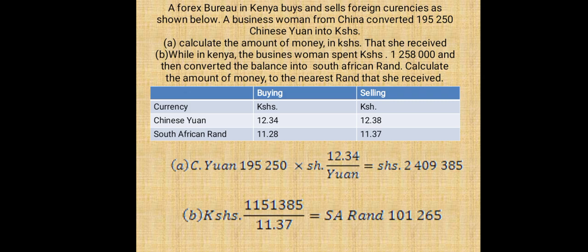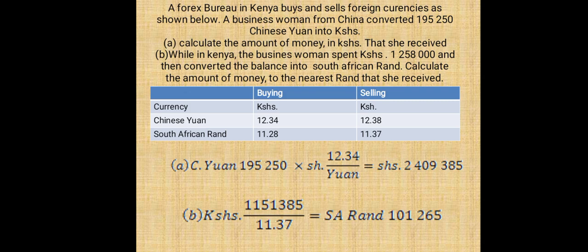Now converting 195,250 yuan to Kenya shillings at a rate of 12.34, she got 2,409,385 shillings.